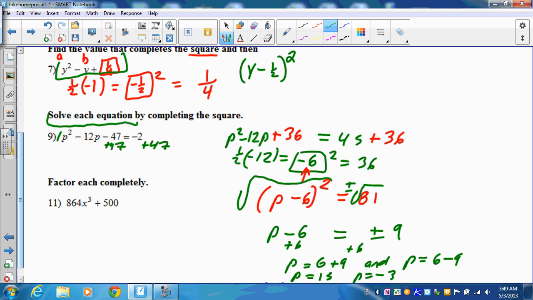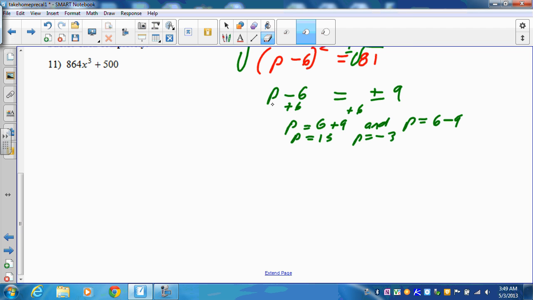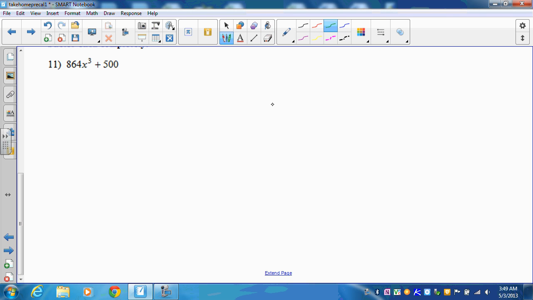Alright, let's take a look at number 11. It's one that you might have not recalled, but we're going to look at the sum of cubes.